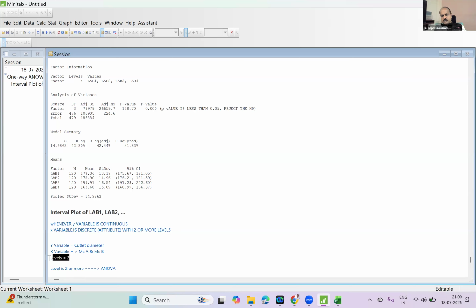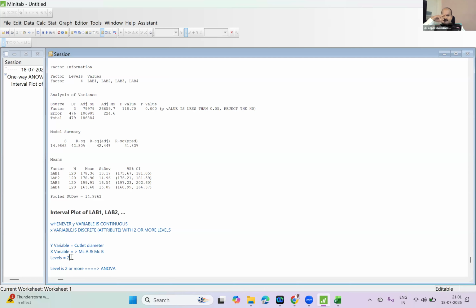But when the level is 2, you also have another option to solve the same problem using a 2 sample t-test. When will you go for a 2 sample t-test? When the X factor level is 2. But definitely for more than 2, you have to go for ANOVA. But if the level is 2, instead of a 2 sample t-test, you can also do an ANOVA.